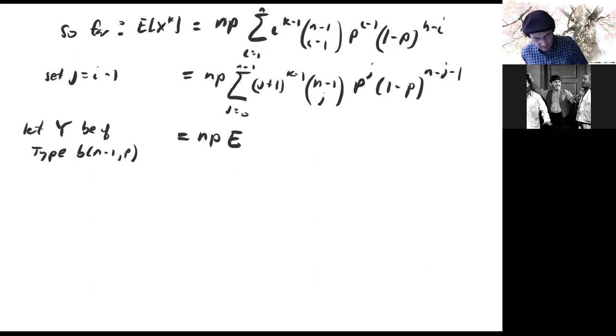What is it the expected value of? If you stare at this, there's a j plus 1 and a k minus 1 here, and it goes up to n minus 1. You realize that what you have is the expected value of not Y, but Y plus 1. The Y plus 1 occurs because there's a j plus 1 here to the k minus first power.